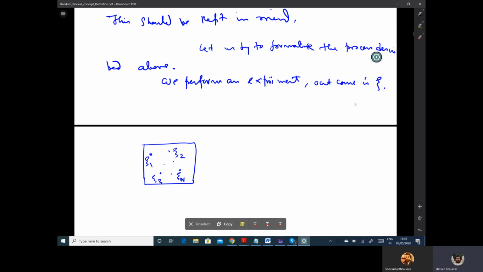Now a random variable is a number which is assigned to the outcome of the experiment.